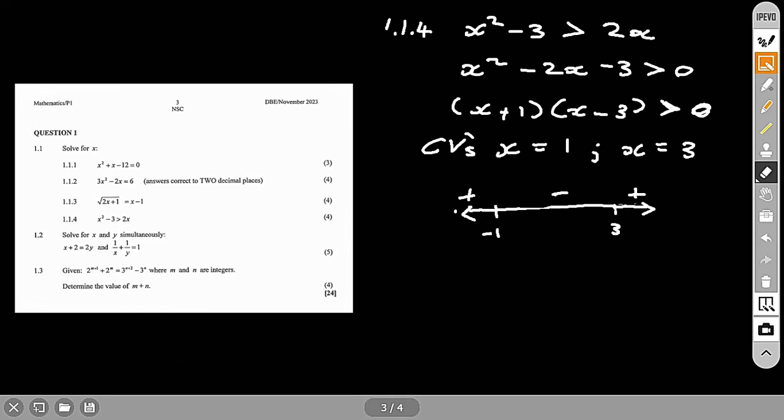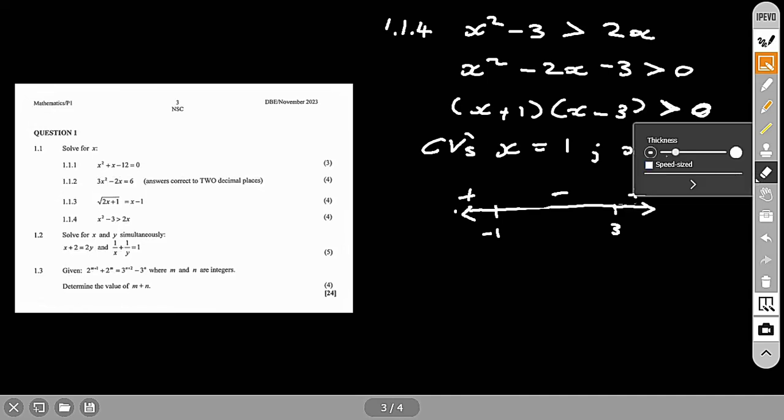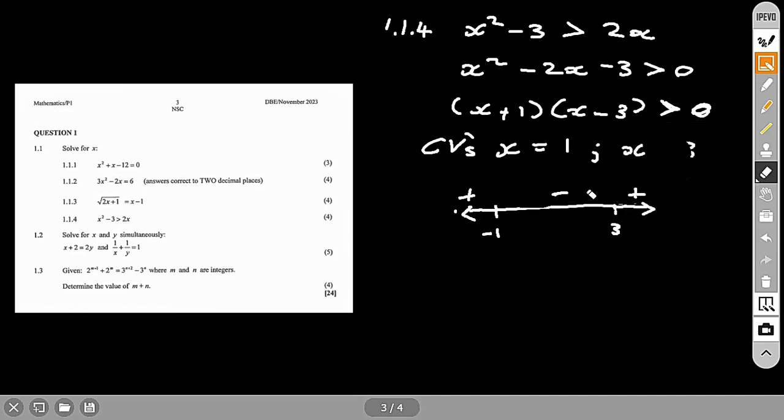So because now we know we get a positive, a negative, a positive, then we use open ones since it's greater than, it's not equal to, there we have no equals to.